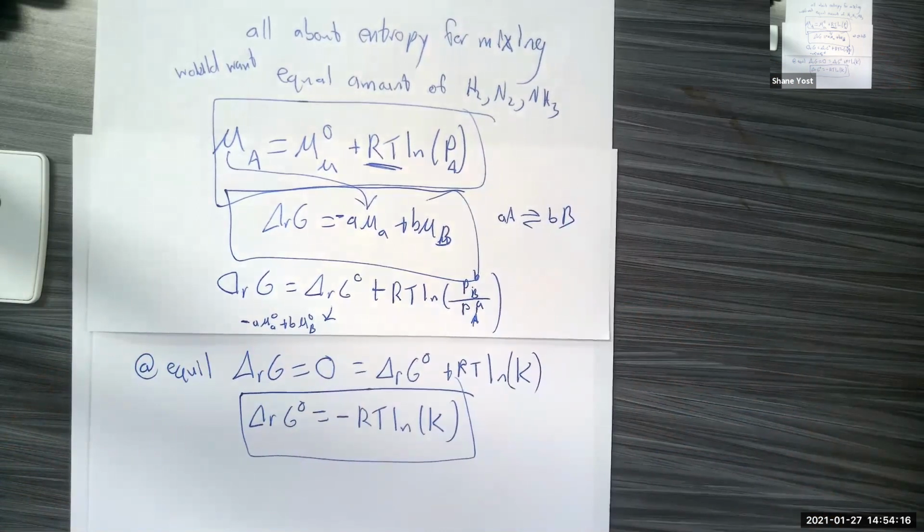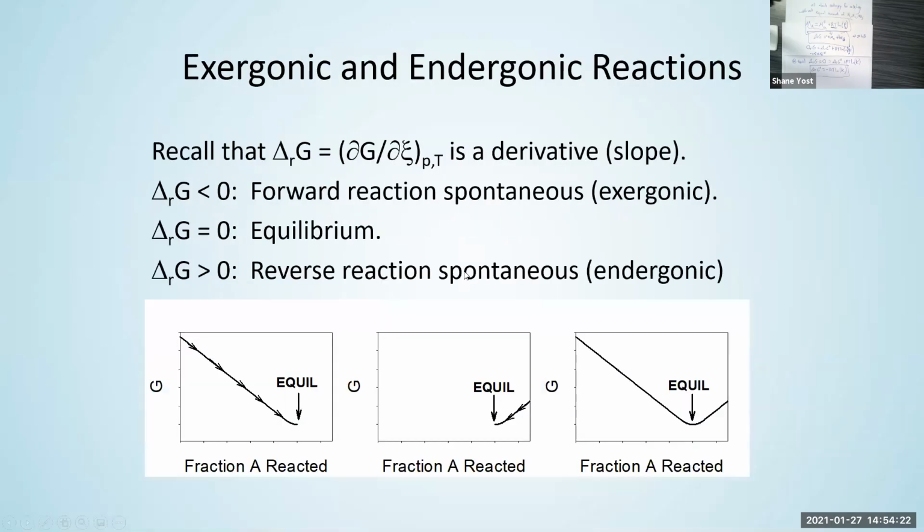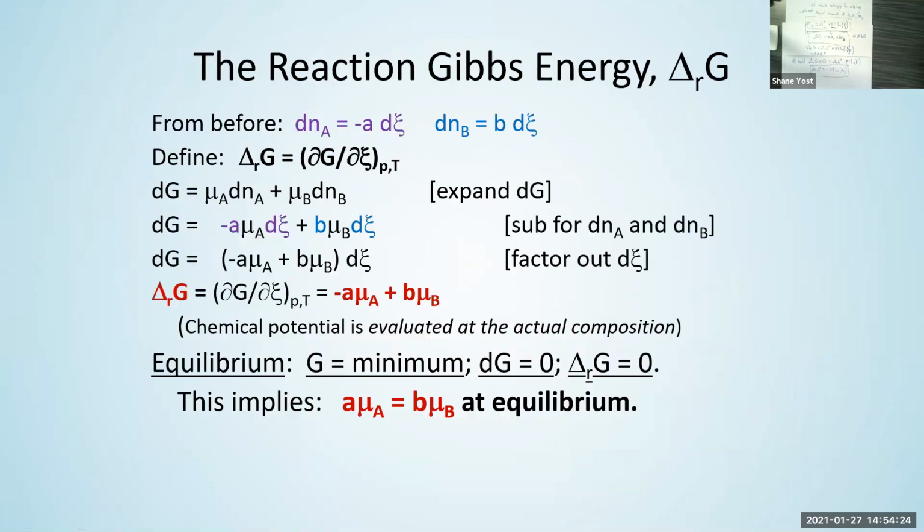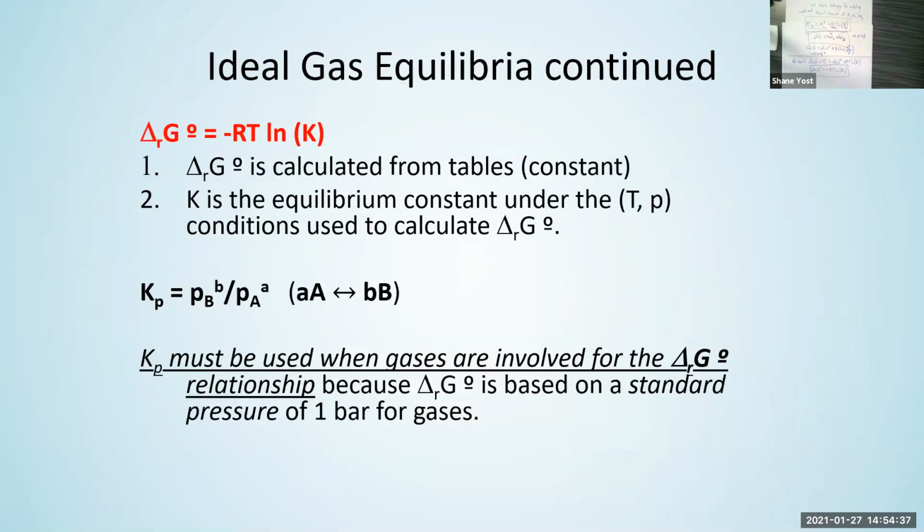So all of these things come together for Gibbs free energy and chemical equilibrium, from the chemical potentials and the fact that chemical potentials need to be equal between the reactants and products, multiplied by their stoichiometric coefficients, at chemical equilibrium.